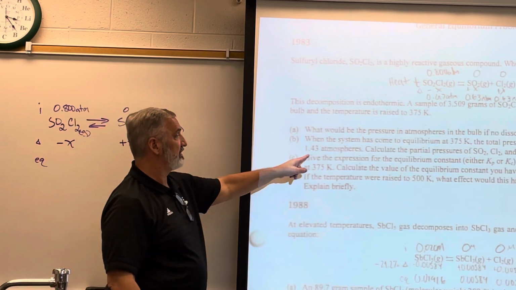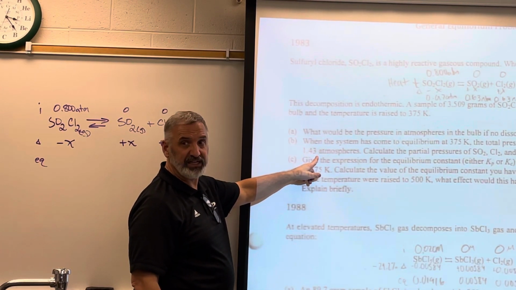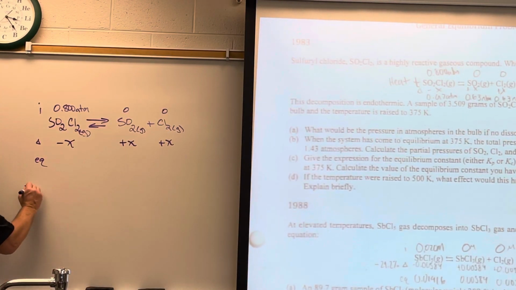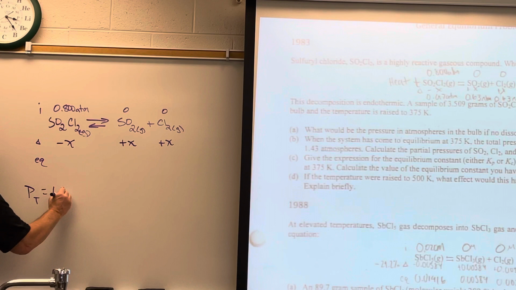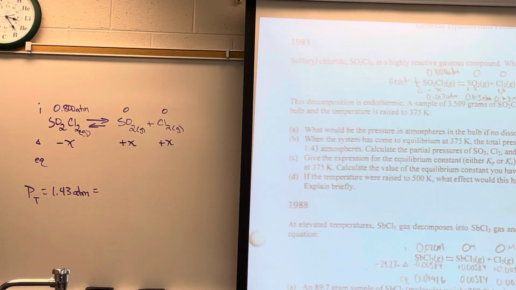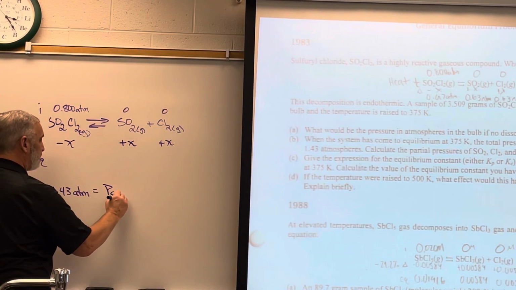What's this? Total pressure at equilibrium. What's making up all of that pressure at equilibrium? What's combining together to make that 1.43 atmospheres of pressure? The pressure of the SO2, all three of them, right?